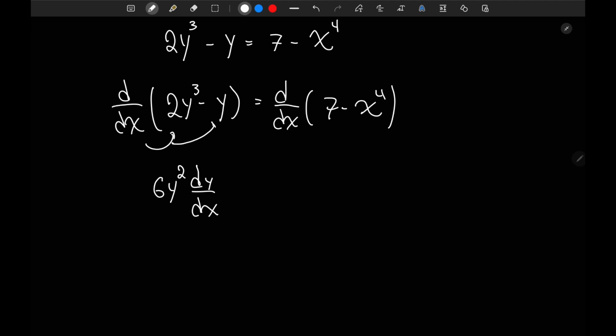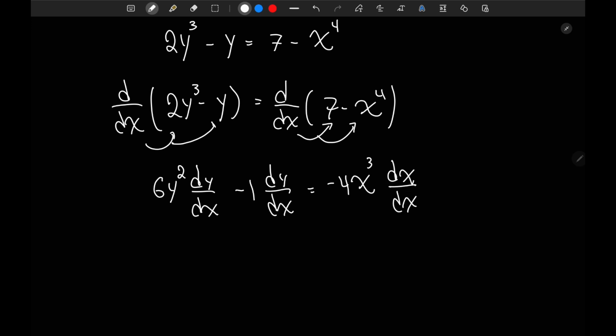The derivative of minus y is going to be negative 1 dy/dx. Then on the right side, the derivative of 7 is going to be 0, which we don't have to write. And the derivative of minus x to the 4 is going to be minus 4x cubed dx/dx, where the dx/dx simplifies to 1.